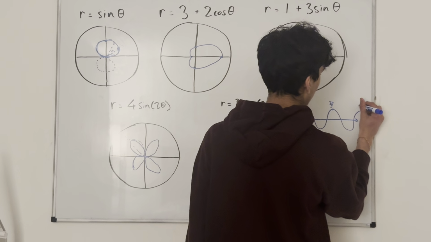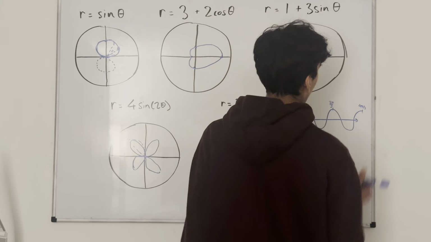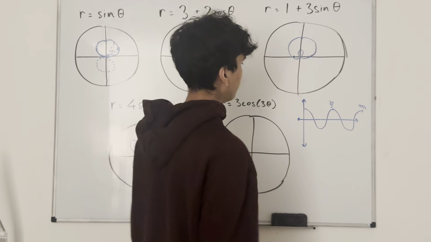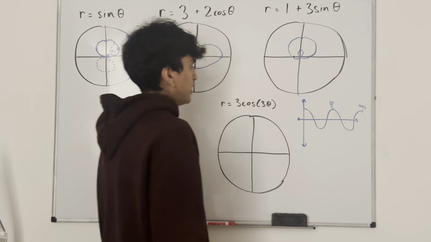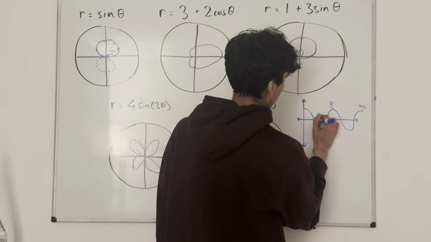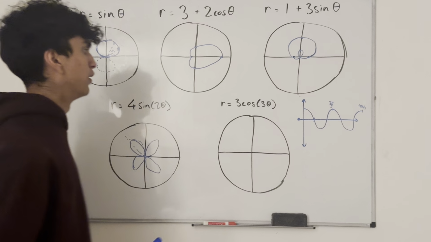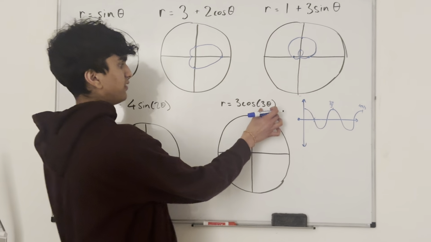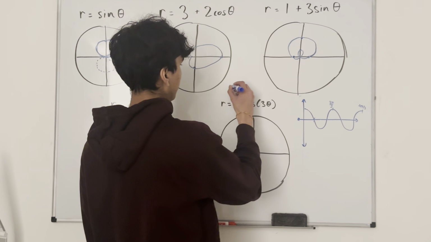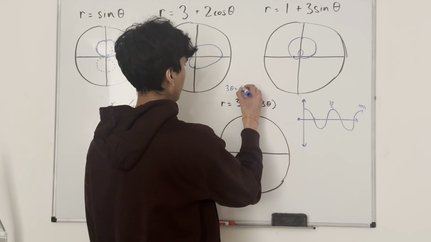This would be 4 pi over 3. Then right here would be when the inside is equal to pi over 2. So when is 3 theta equal to pi over 2?